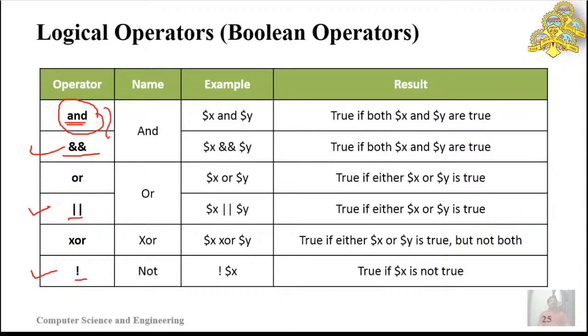That means double ampersand and AND are both AND operators. OR in words and the double pipe are both OR operators. So we can use either way. For AND operation I can use $x and $y, or we can use $x double ampersand $y. Similarly for OR. For XOR, there is a word, XOR, no specific symbol, and for NOT it's already familiar to you. So these are the logical operators.